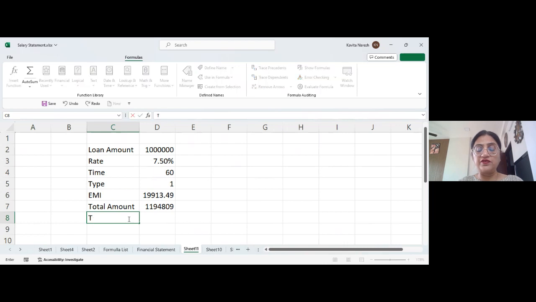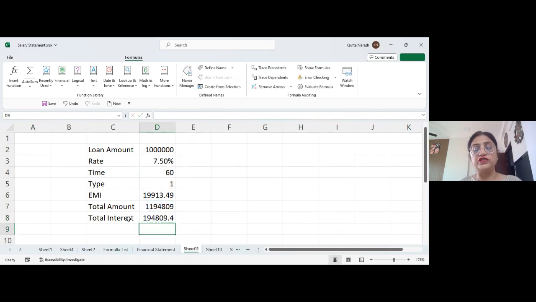Then how can we calculate the total interest? Is equal to this minus PV. So this will be your total interest. Okay.